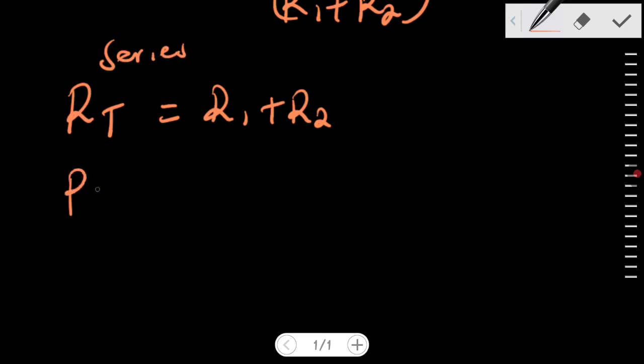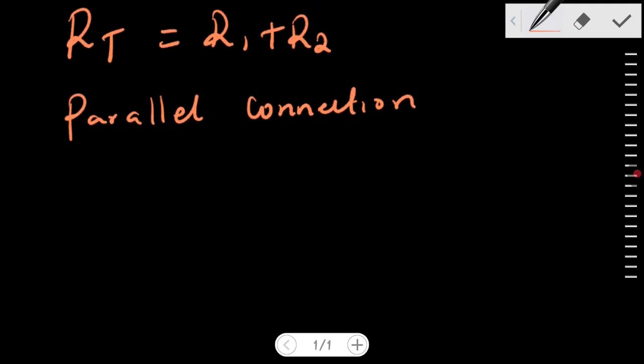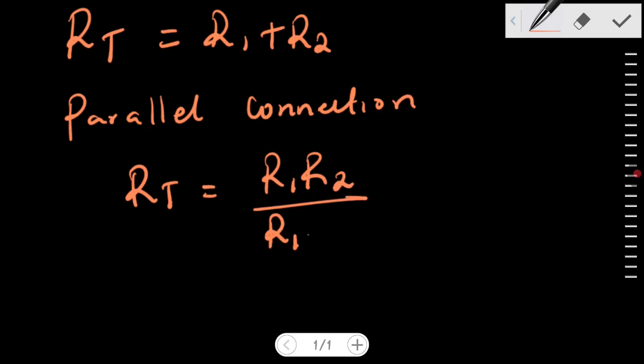Now, in parallel connection, we shall have the total resistance R total equals R1 R2 over R1 plus R2. Keep in mind, we're going to use this in circuit analysis.